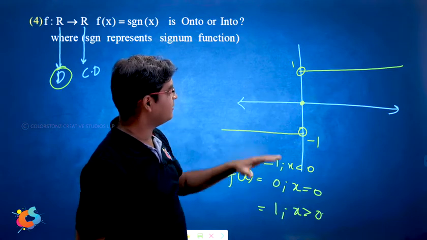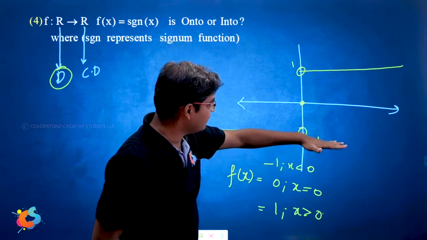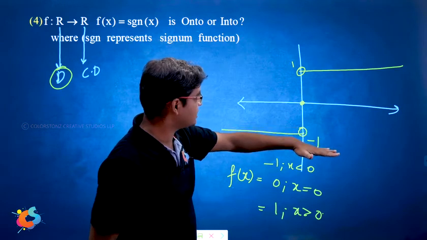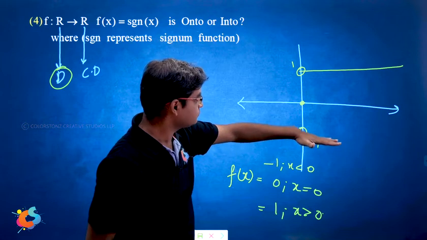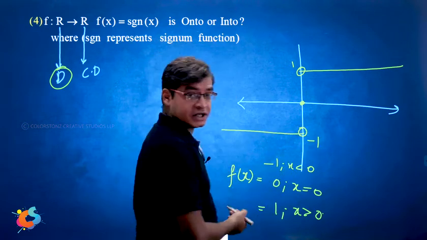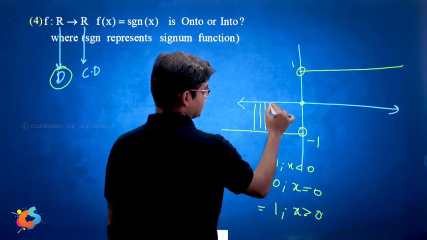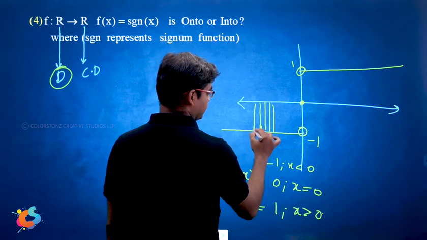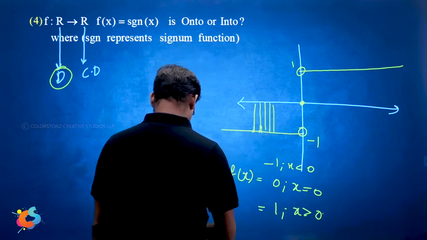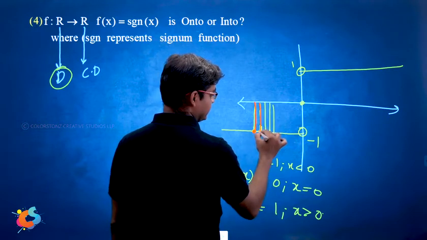Okay, now study the y values. So the y values, they start only from -1. Okay, they start only from -1. So see, this ball does not mean that -1 is not taken. For all of these x values, the corresponding point on the graph is here. Okay, let me draw it in red. For these input values, the corresponding point is here.